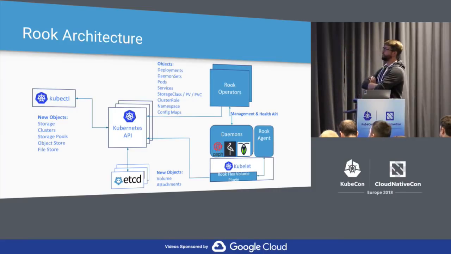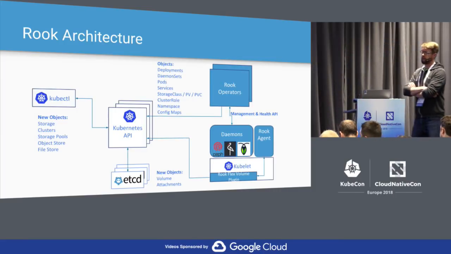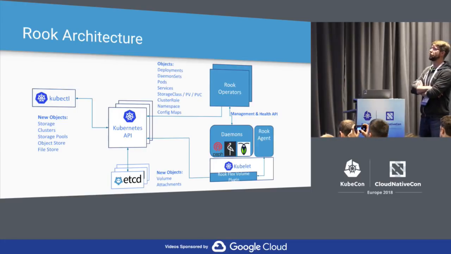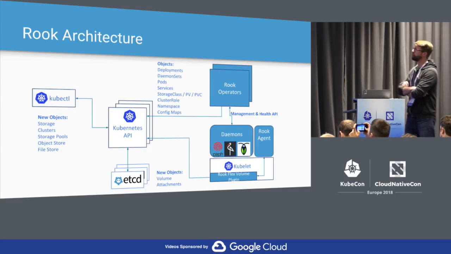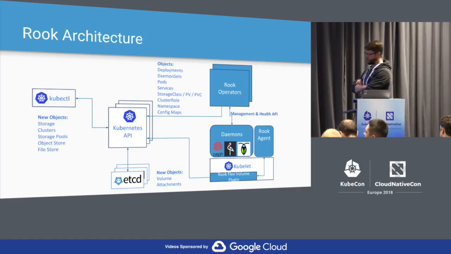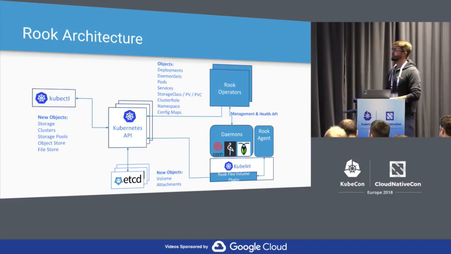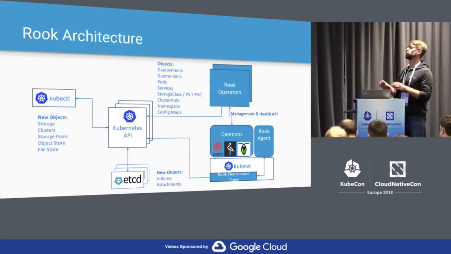So this is a slide just about the architecture of Rook, putting a little bit of a visualization to everything that we've been talking about so far. On the left, we'll start at the left. Using kubectl, you can manipulate objects such as clusters, storage pools, object stores, things we talked about before. As a user, when you're using kubectl, you're creating instances of those objects that go to the Kubernetes API.